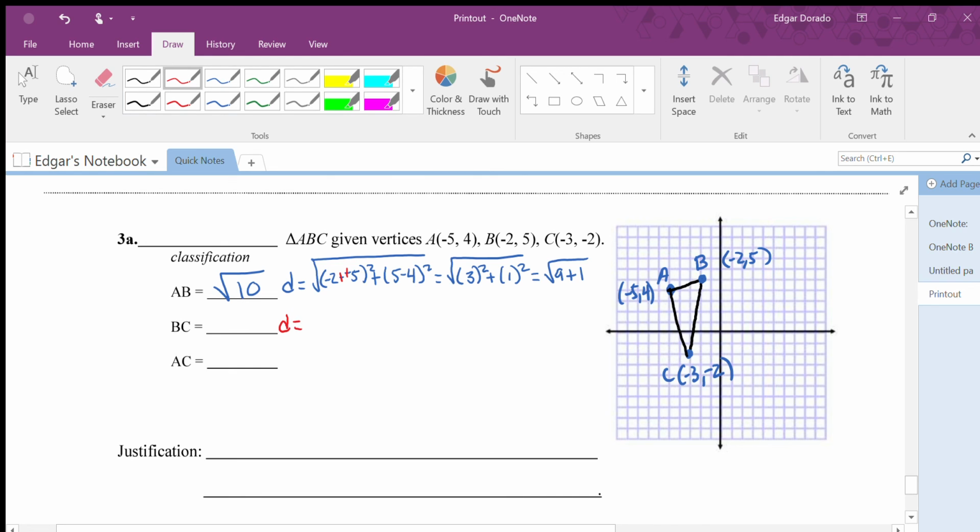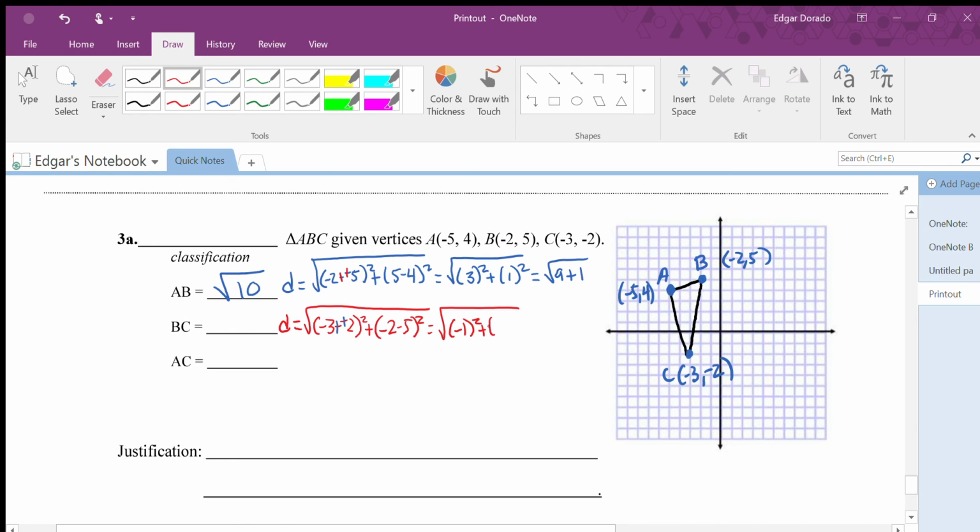Next one, BC. So this is (-3 minus -2) squared plus (-2 minus 5) squared. Okay, so again here, a minus a negative is really a plus. So -3 plus 2 is a -1 squared.